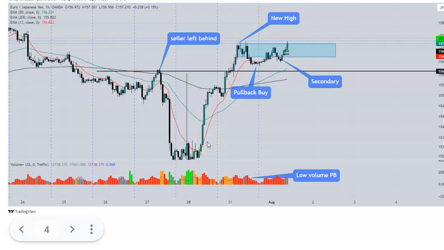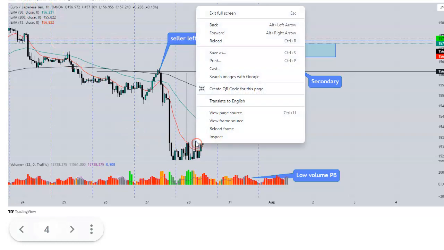Now we're gonna get to it, but JP Morgan Bank did come out saying that they're still bearish on the yen, which means they're still trying to get rid of this Japanese yen.